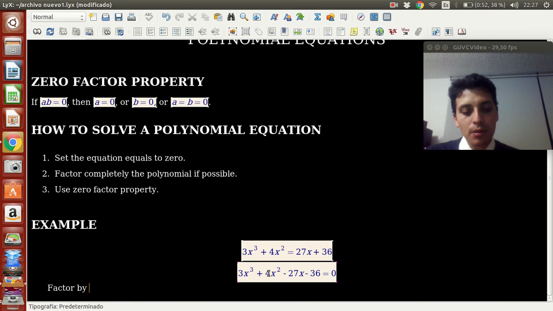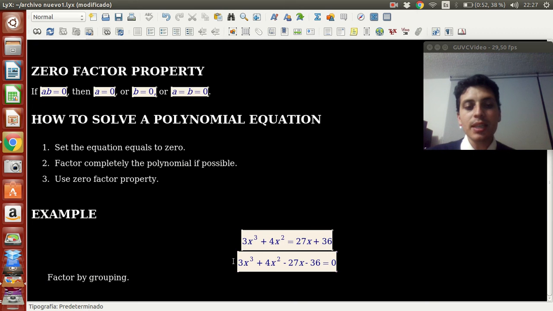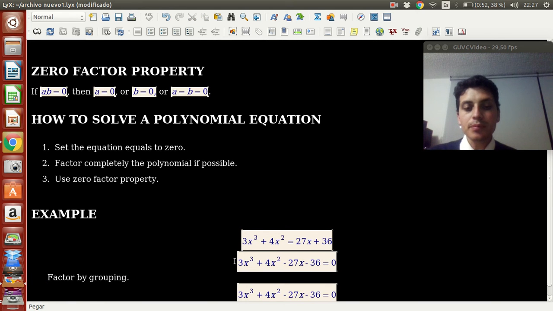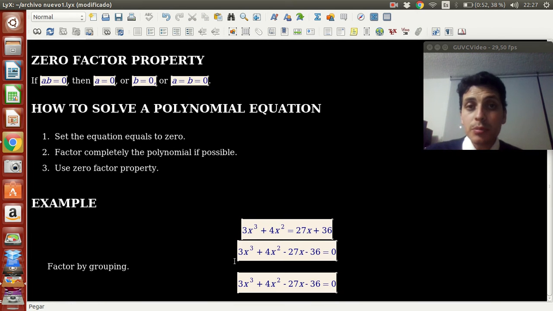Which are the steps to factor by grouping? You divide the polynomial into groups, in this case of two terms, find the GCF of each group and factor it.